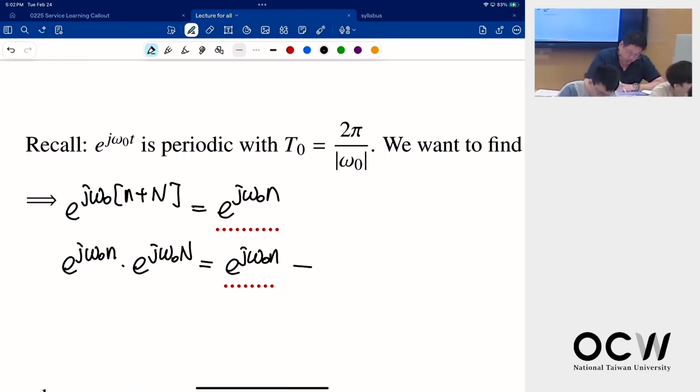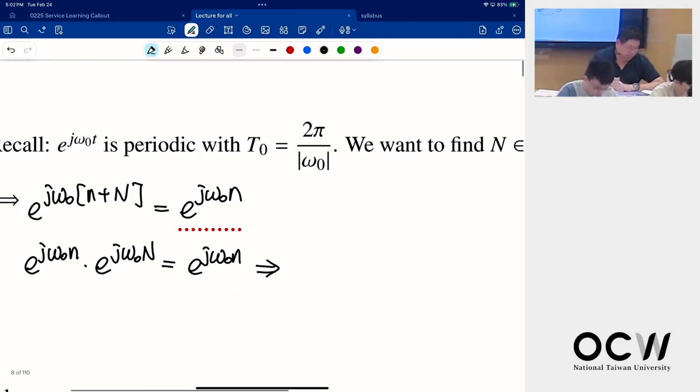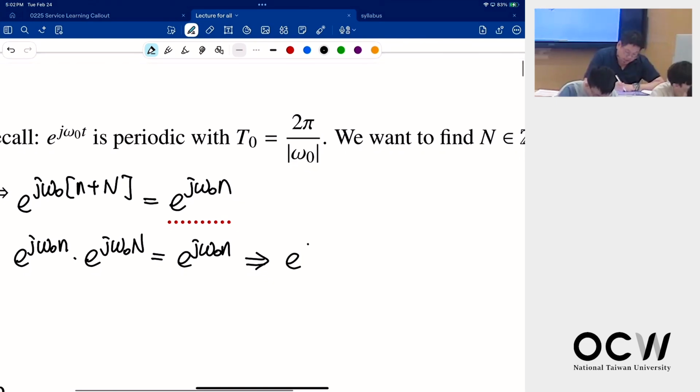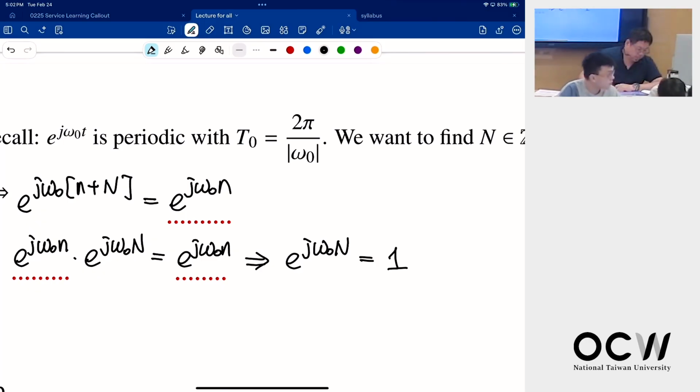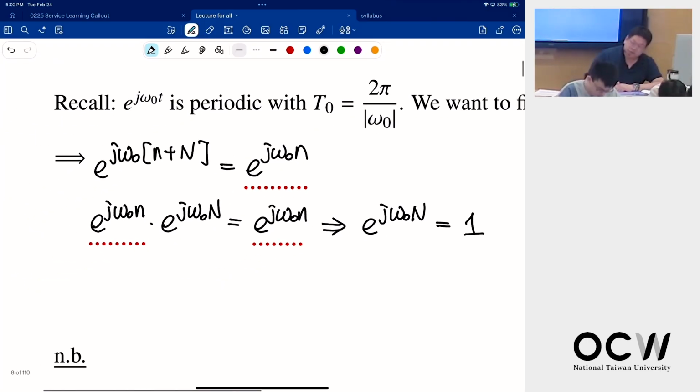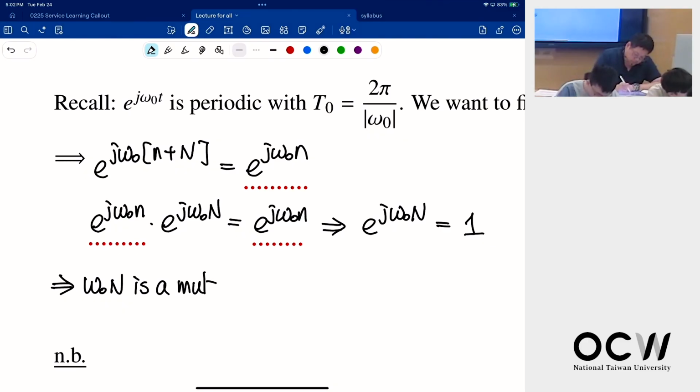What does that mean? E to the j omega naught capital N should be 1. If this should be 1, that means omega naught capital N is a multiple of 2 pi.